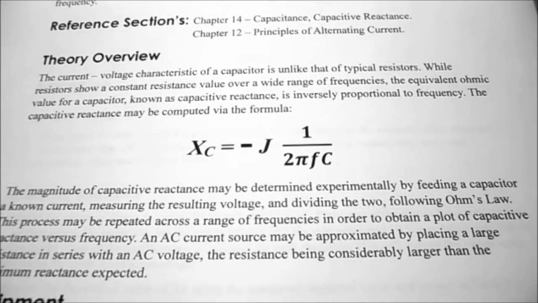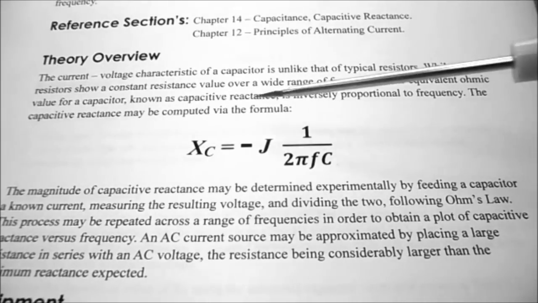So in the theory overview, it says the current voltage characteristics of a capacitor are unlike that of typical resistors. While resistors show a constant resistance value over a wide range of frequencies, the equivalent ohmic value for a capacitor, known as capacitive reactance, is inversely proportional to the frequency. The capacitive reactance may be computed via the formula.